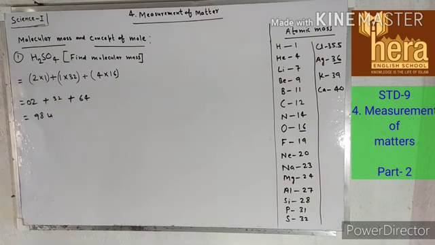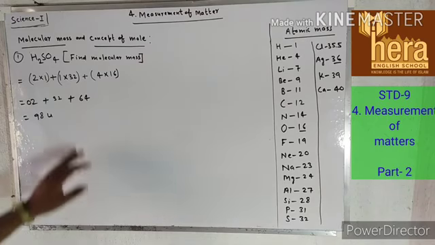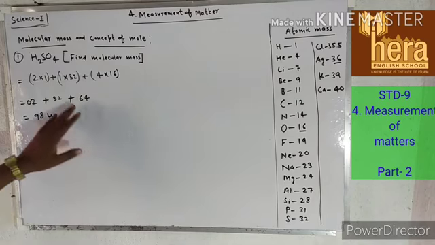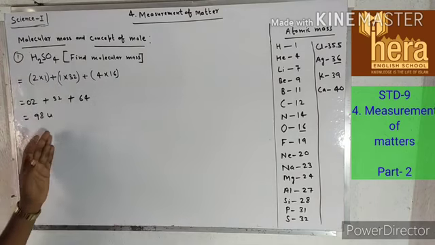Understood? What is molecular mass? The molecular mass of a substance is the sum of all the atomic masses in a single molecule of that substance. Okay? So in this way we can calculate molecular mass.